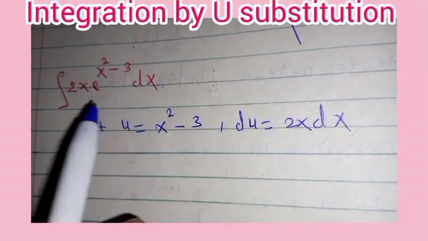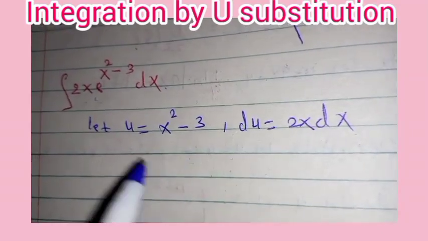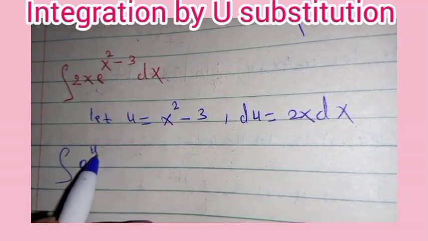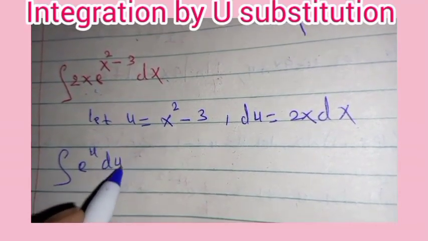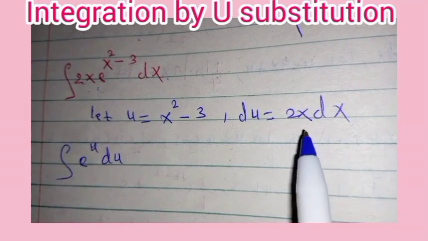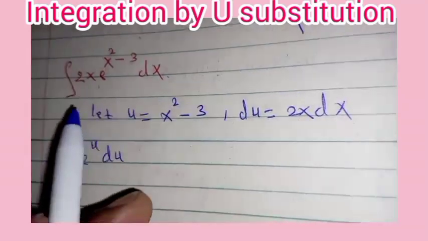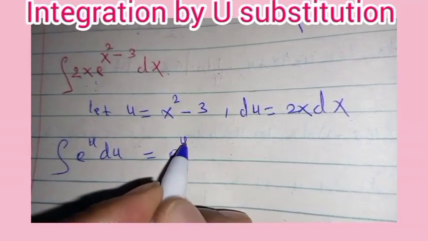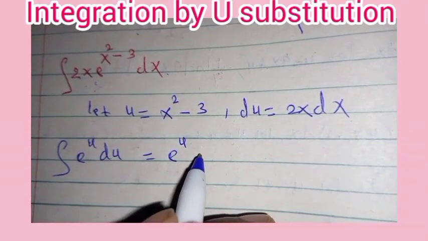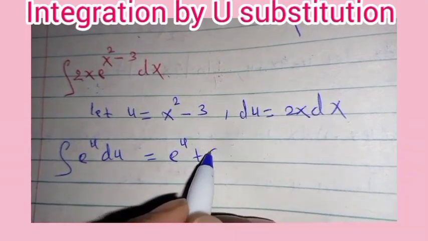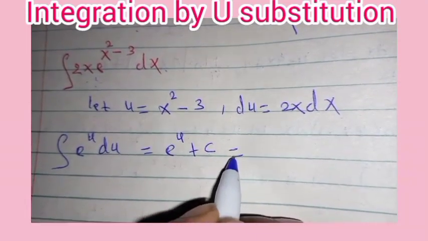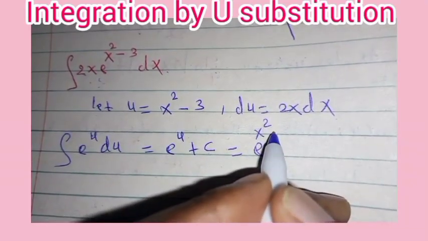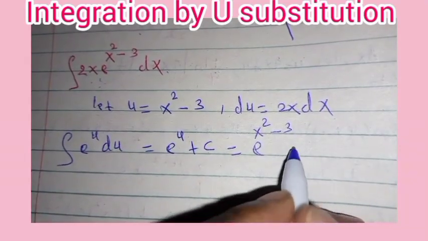So we substitute 2x dx with du to get the integral of exponential u du, which is equal to exponential u plus constant c, which is equal to exponential x squared minus 3 plus c.